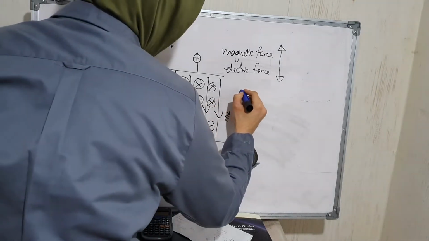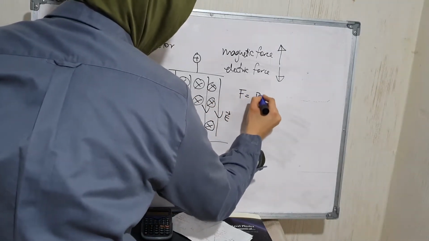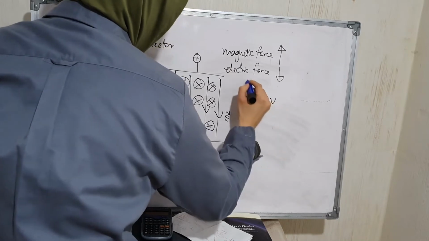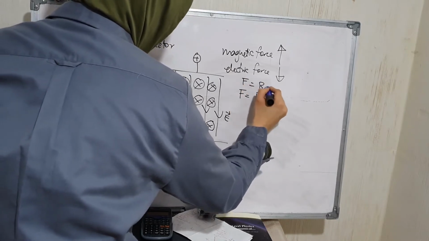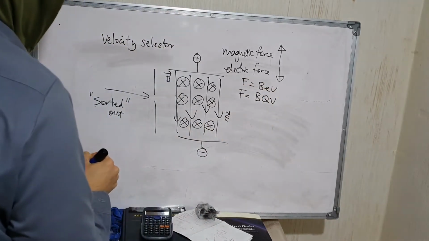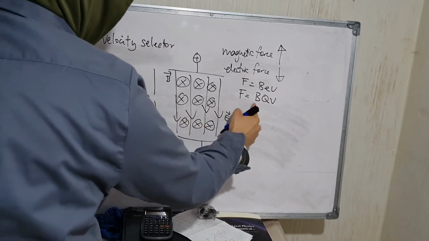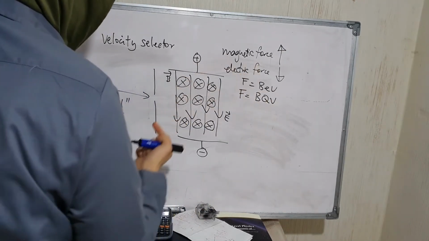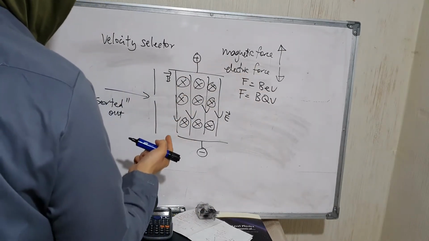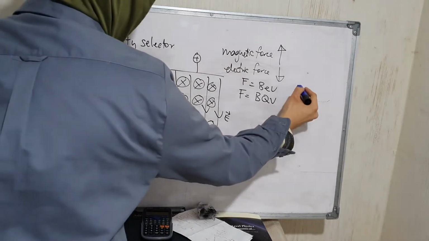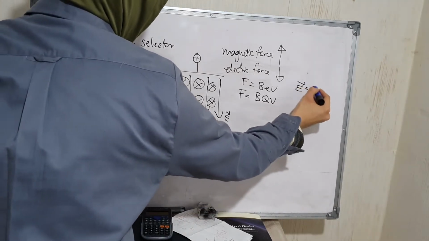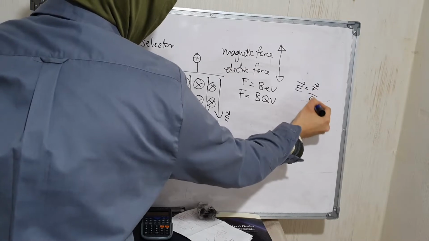What is the equation for magnetic force? You could say that is equal to BQV. If you remember Bev, substitute E for Q. So F is equal to BQV. That's for magnetic force. And what about electric force? Well, the electric field strength is force per charge.